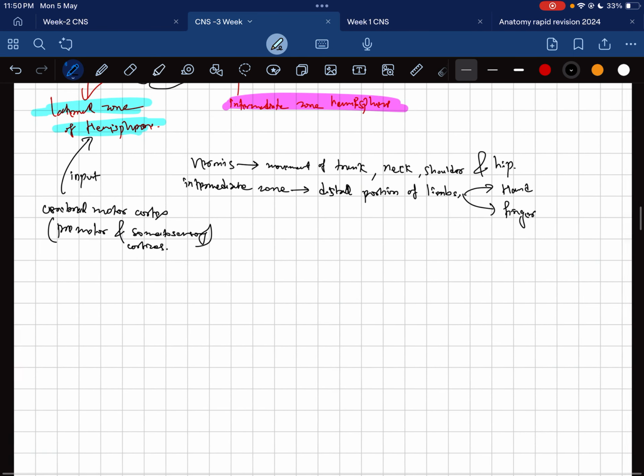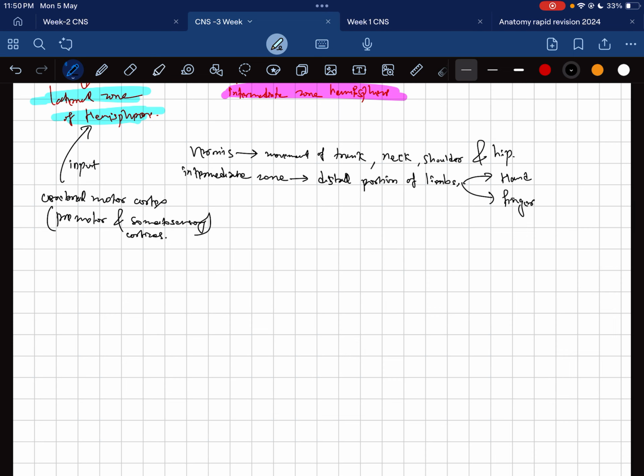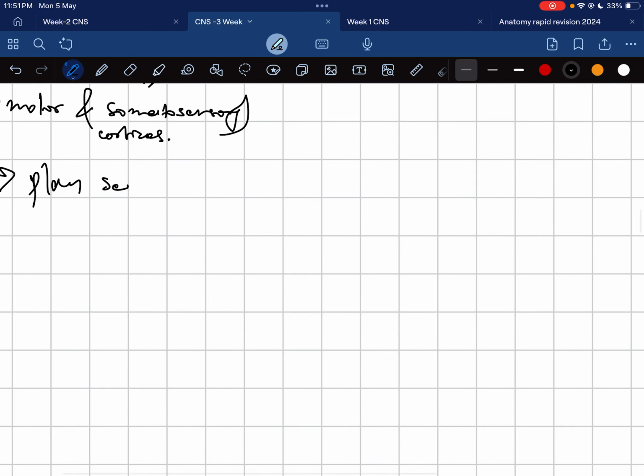So it does the planning of sequential voluntary body and limb movement.